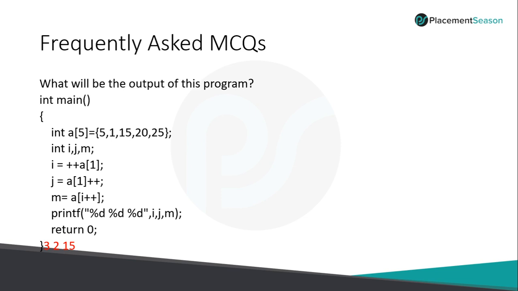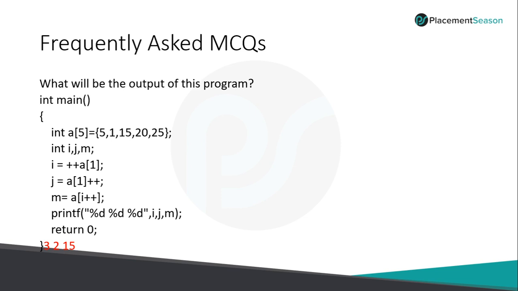No one has typed 3 2 15 yet. Many of you have typed 1 2 15, but no one has typed 3 2 15. Okay, I got one answer, 3 2 15, from Yoga Dharani.